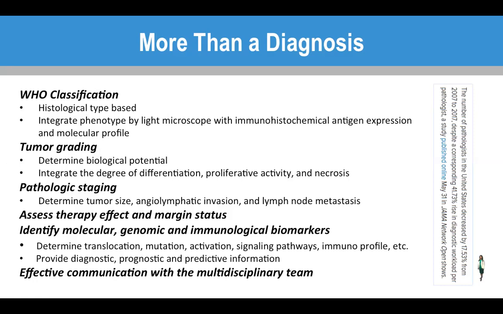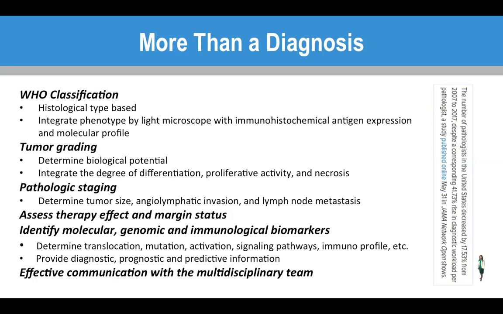The tumor can also be treated by surgery. After the surgery, the pathologist's job is to confirm the tumor type, do the tumor grade, do the staging, but most importantly, decide the surgical margin.